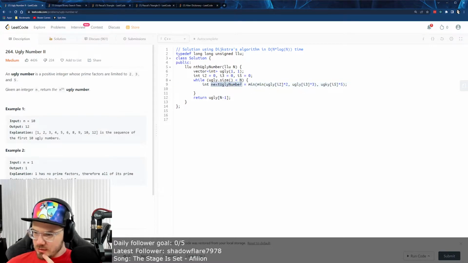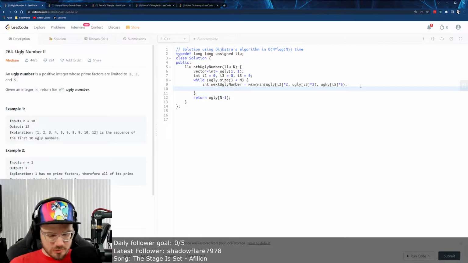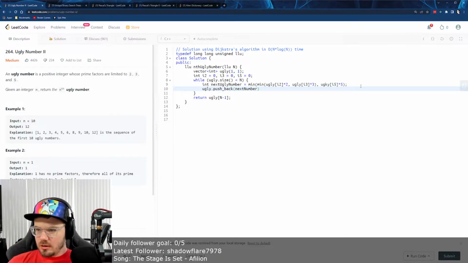Okay, so let me just get back to this because I am on a tight schedule today. So we get our next ugly number. So that we know that that's the next ugly number, so we can just push it straight into the array. But then the outstanding question is, what do we do to update the pointers? That part I remember how to do as well.